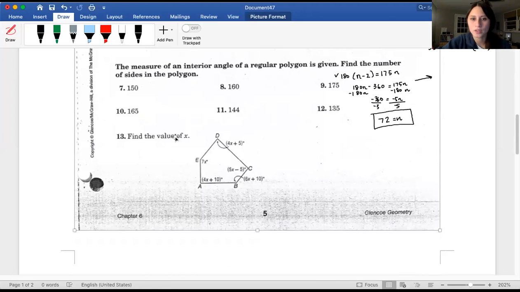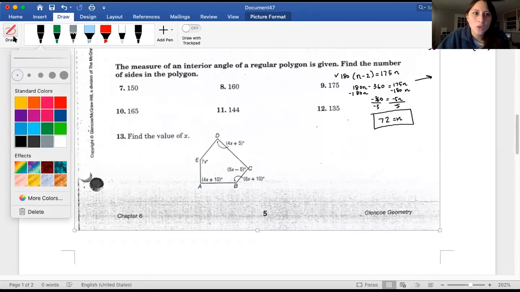Let's take a look at 13 now. So now with 13, we've got a polygon with 5 sides. And so we want to find out what x is. Now, first of all these angles are different measurements, but I know that x is going to be the same.